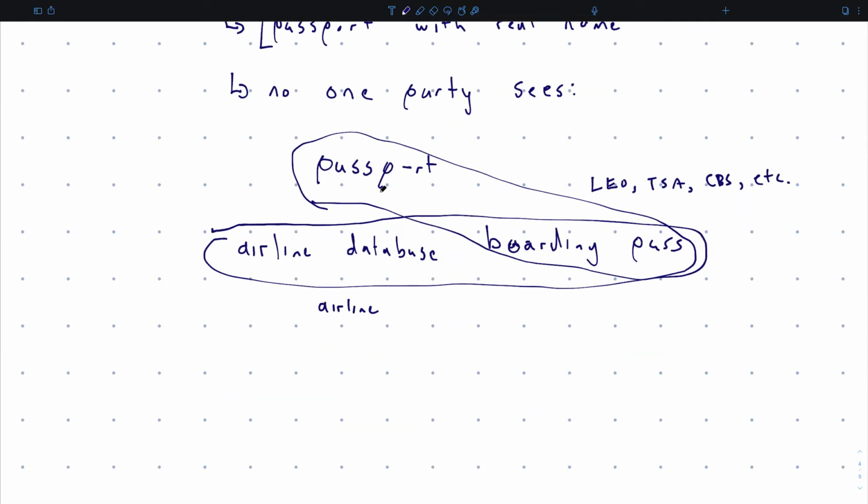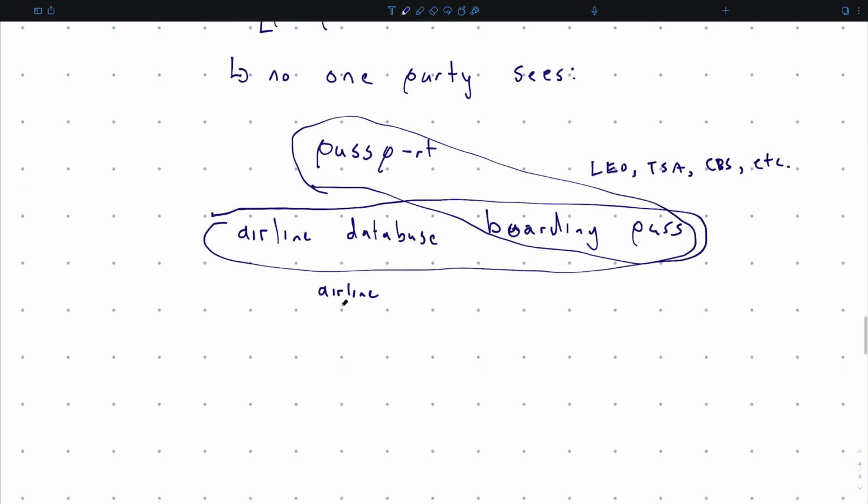Okay, but you would have to see all three of them to see that they're all consistent with each other. Then you would say that this is a fake person. So for the TSA, you show your real passport and boarding pass 2.